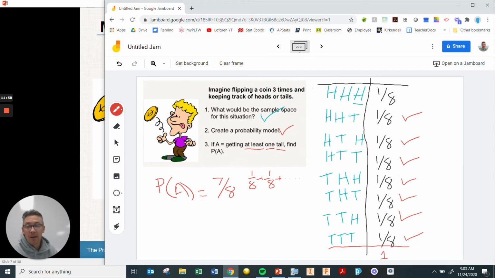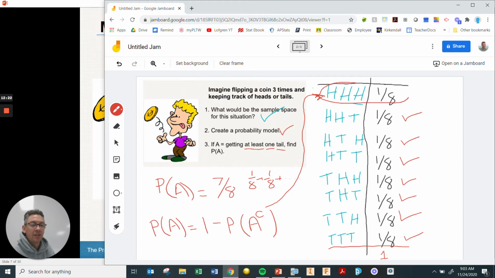Now, if you want to use the complement idea, here's a different way to do it. The probability that I'm after, getting at least one tail, could be found by doing 1 minus the probability of everything except what you're looking for. If I'm looking for at least one tail, a complement would be anything that does not have one tail. So that would be this.